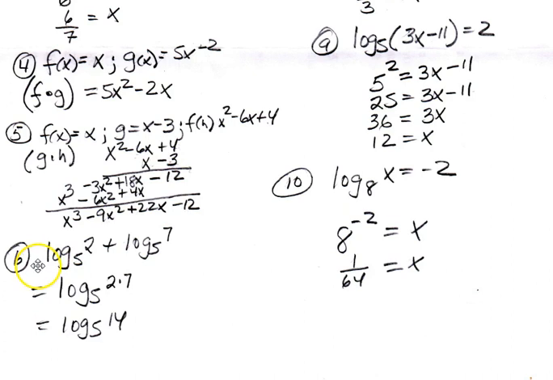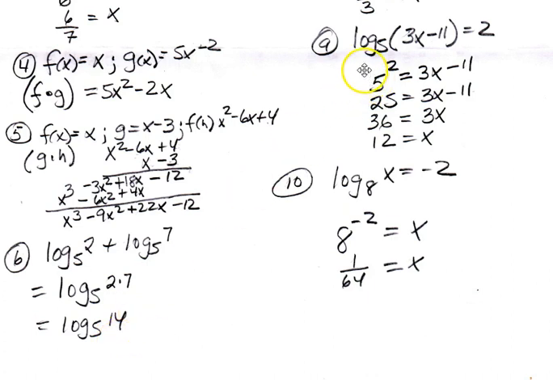For number 6, we're putting it in log form, condensing it, so this will be log base 5 of 2 times 7. 2 times 7 is 14, and this is the answer.